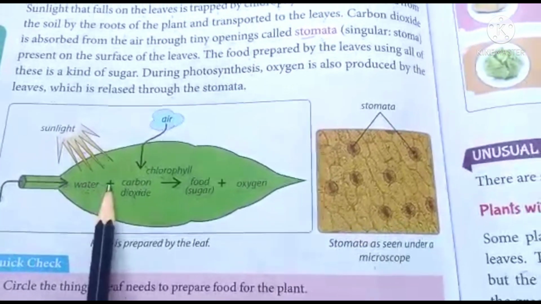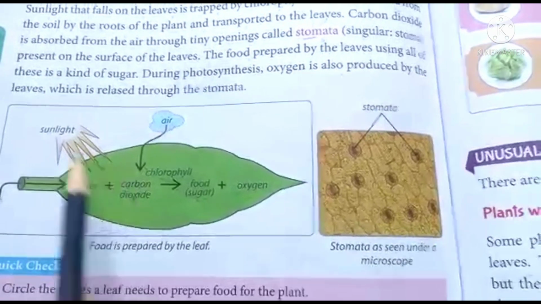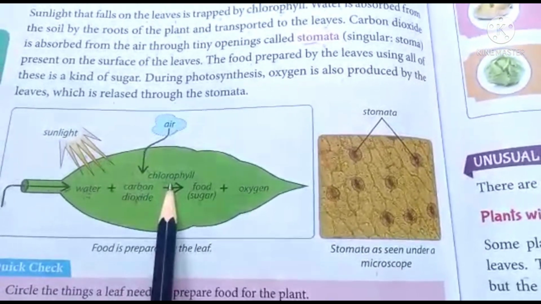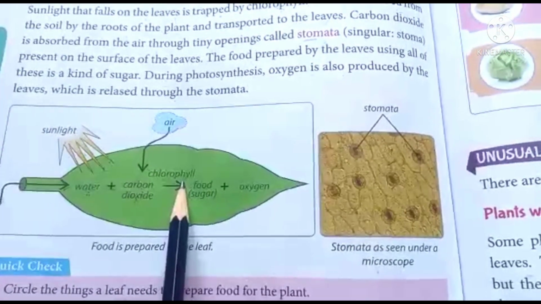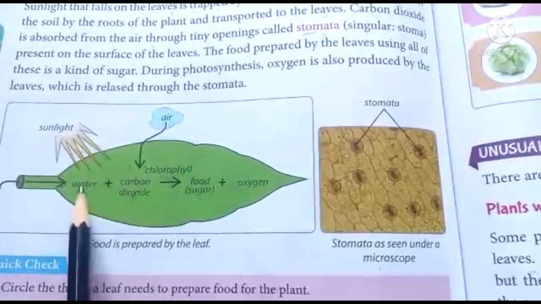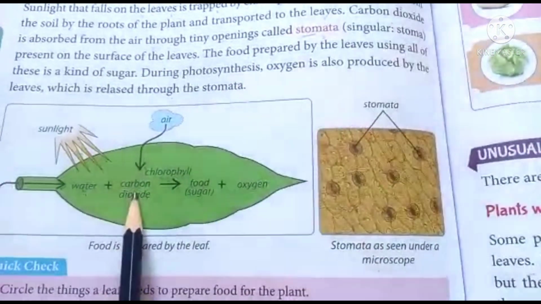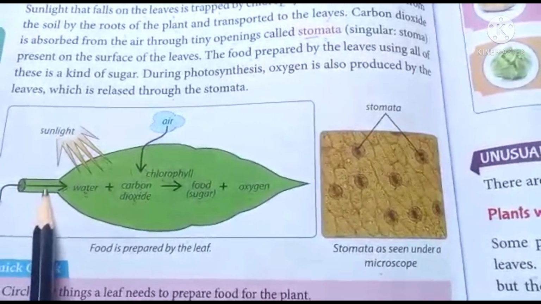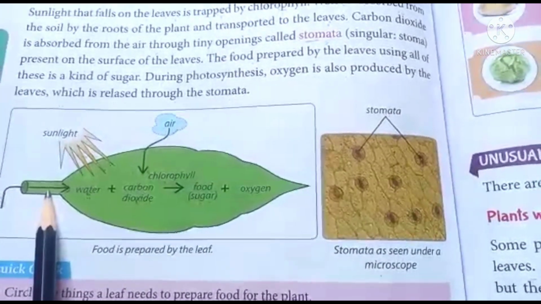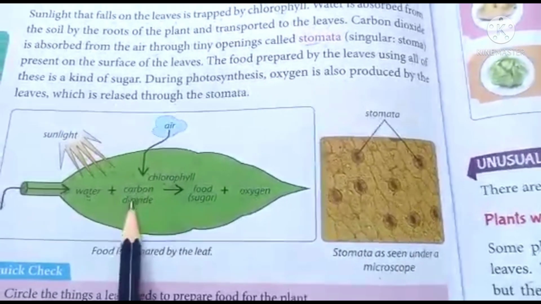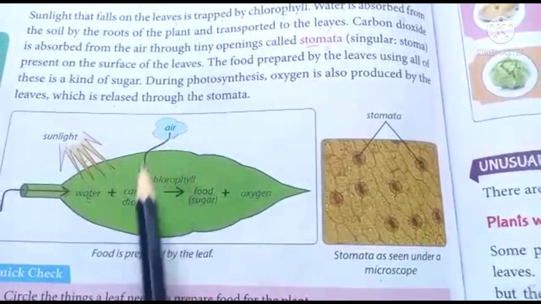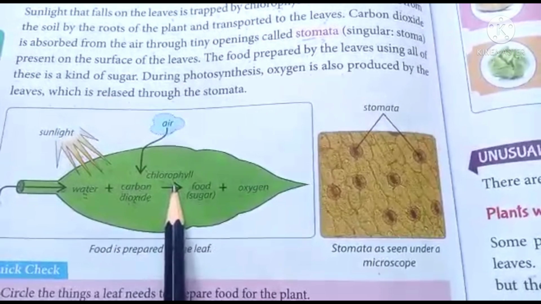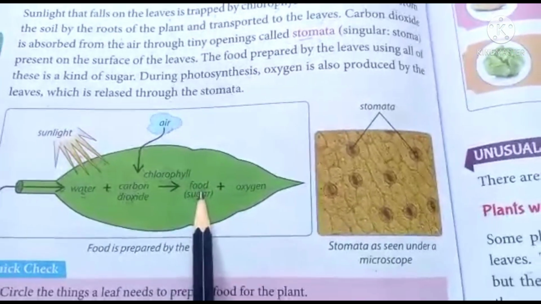Here water plus carbon dioxide, in the presence of sunlight and chlorophyll pigments. By using this water plus carbon dioxide, where did the water come from? It came from the vein. Okay, veins absorb the water. Plus carbon dioxide, where did it come from? From the air. And in the presence of chlorophyll, the plant prepares the food.